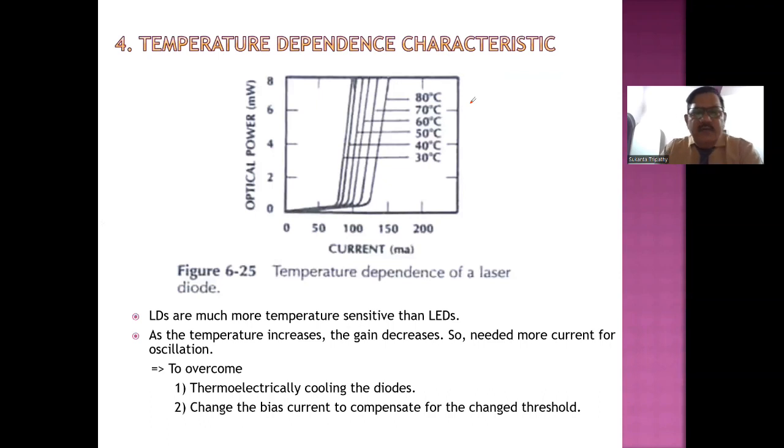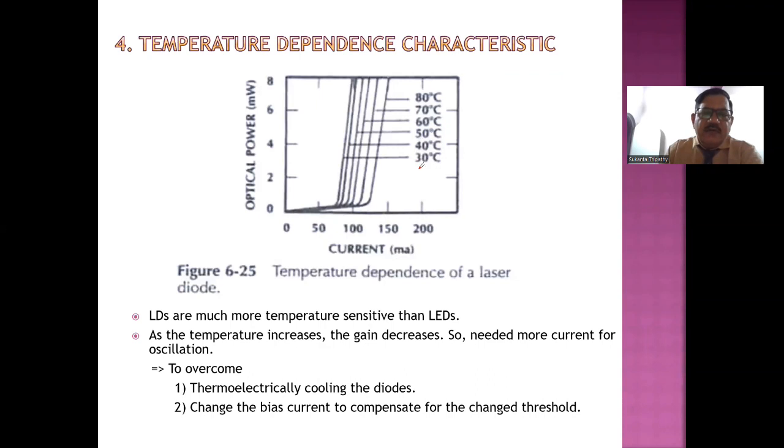Now, one demerit of the laser diode is that the characteristic which we have mentioned is temperature dependent. As you can see, the threshold current, after which there is a shoot in the optical power, varies with the increase in temperature.